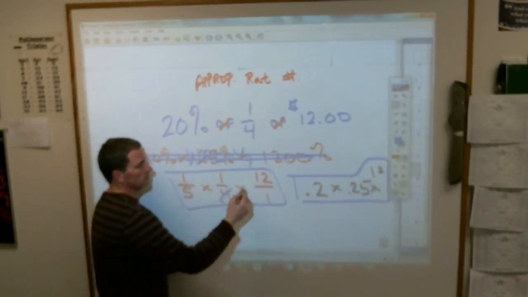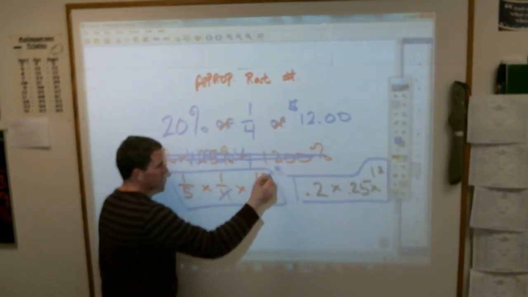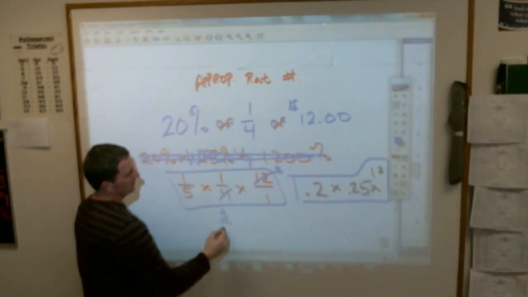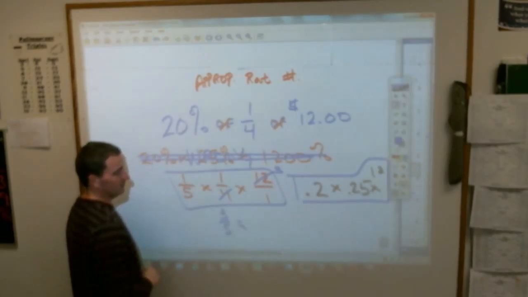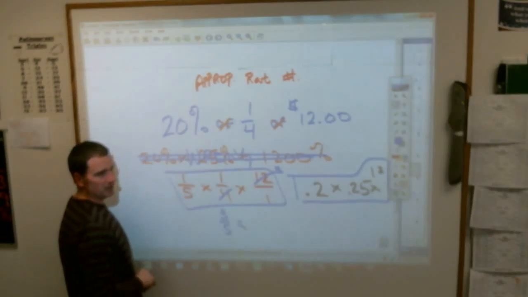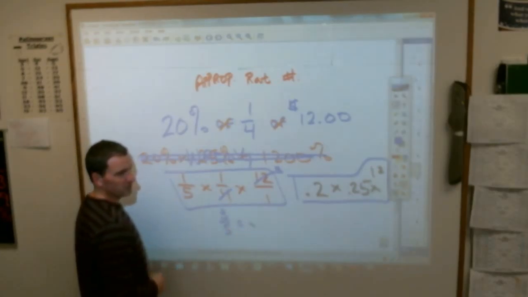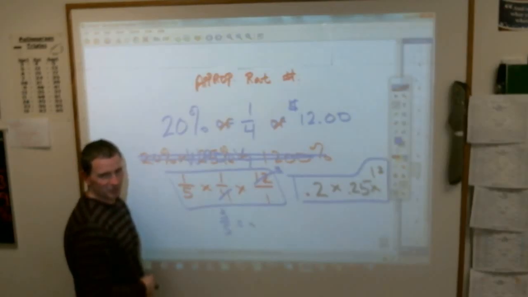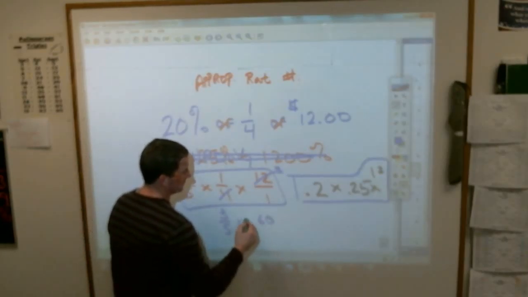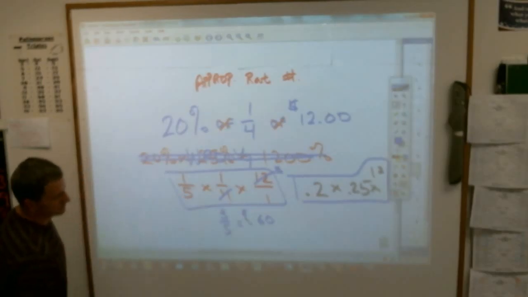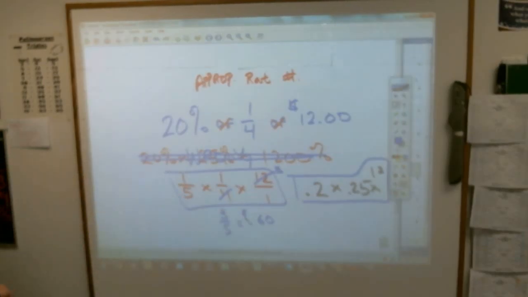Well, let's do this: 12 divided by 4 is 3, I get 3/5, and unfortunately I have to change 3/5 into dollars and cents, which is what? Anybody know what 3/5 is in money? Maybe it is easier to go to decimals. It is 60 cents, very good.